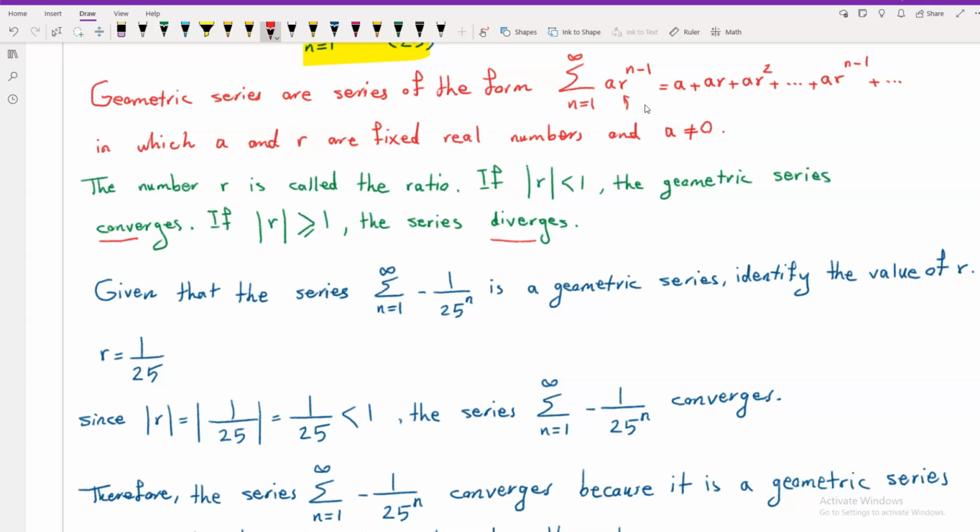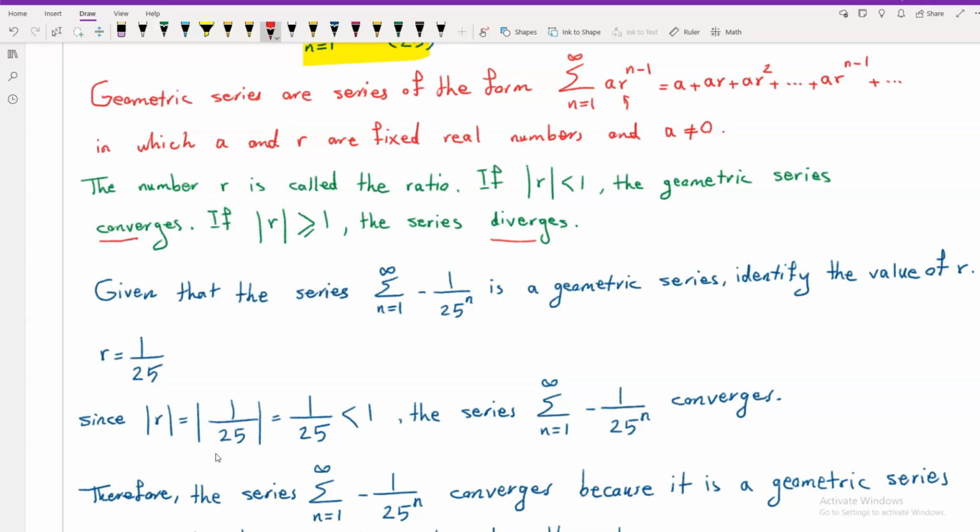Based on what was given, the series, the sum of (negative 1 over 25) to the nth power, from 1 to infinity, is a geometric series, and r is equal to 1 over 25. The next step: the absolute value of r is equal to the absolute value of 1 over 25, which is 1 over 25, and this number is less than 1. Based on that, the series converges.